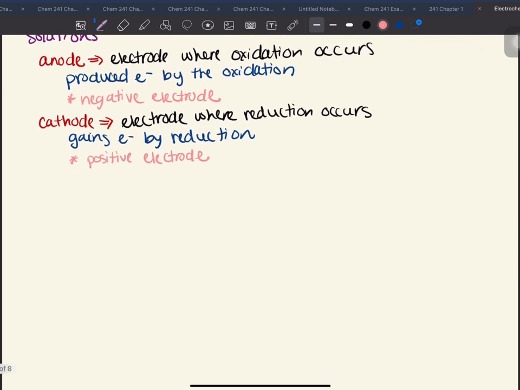All right, let's look at the construction of a voltaic cell. Something you need to be aware of is a voltaic cell is also known as a galvanic cell, and you will hear them used interchangeably. Now, when you have a voltaic cell, it is a spontaneous process, and you have to divide your reaction into halves so that each half reaction has to be in its own cell.